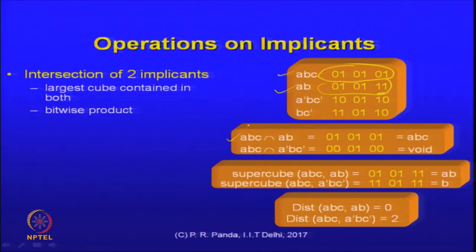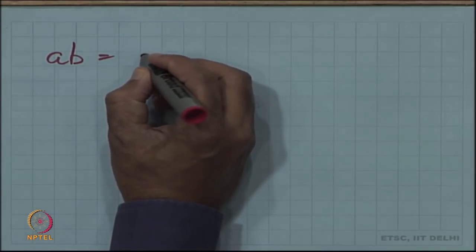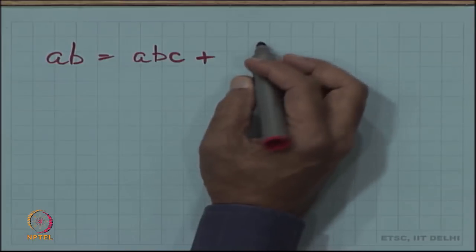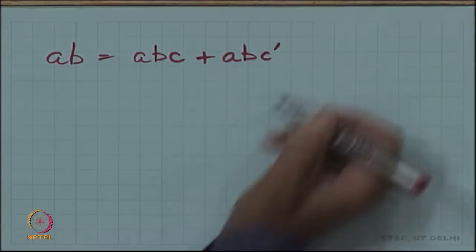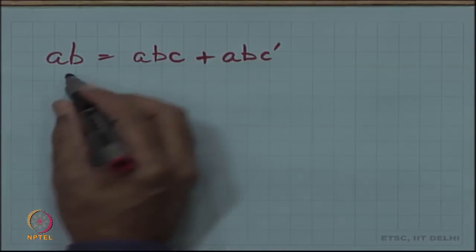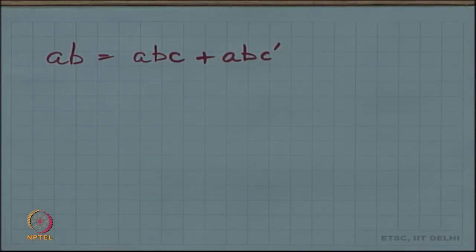AB, remember, is nothing but the sum of these two minterms. If C were the third variable that I have, that would be the 2. So anyway, it is a function of 3 variables.